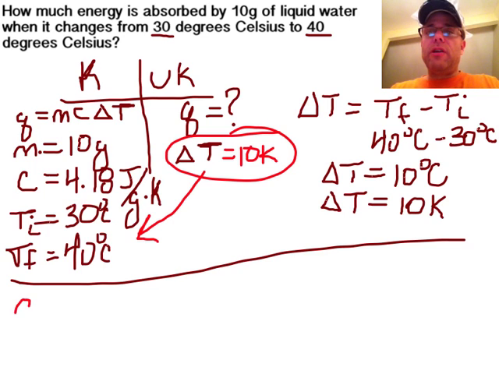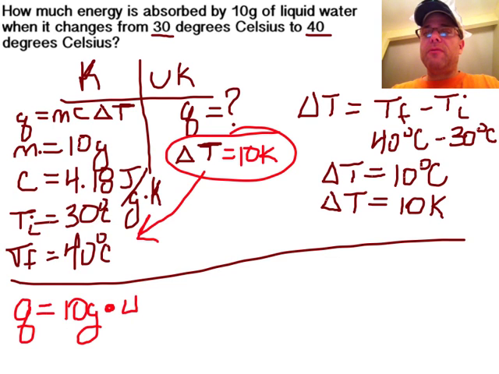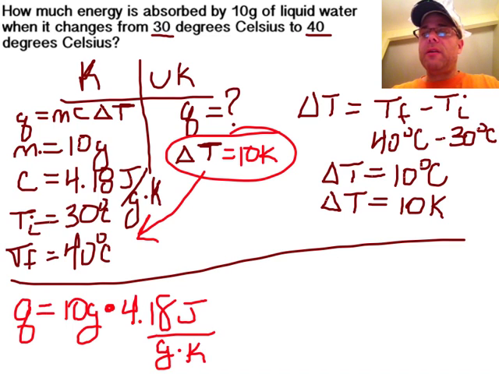All right, so Q is equal to 10 grams times 4.18 joules per gram degrees Kelvin times 10K. And let's inspect the units. We've got grams divided by grams. We've got Kelvin divided by Kelvin.